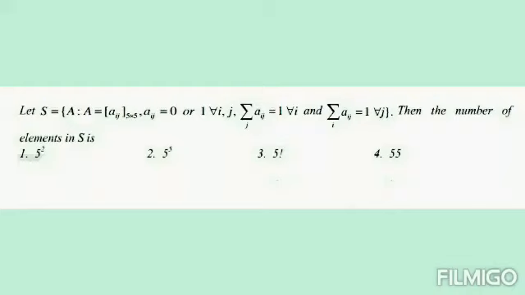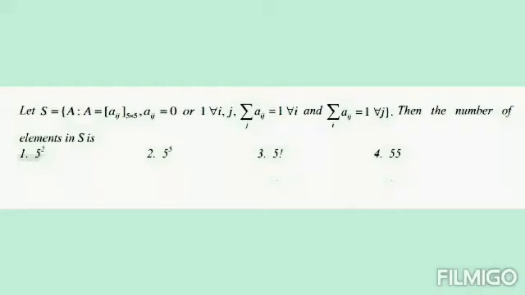Summation Aij for j is equal to 1 for all i and summation Aij for i is equal to 1 for all j. It means that the row sum and the column sum is always 1. Then the number of elements in S is: first option 5 square, second option 5 raised to power 5, third option 5 factorial, fourth option 55.